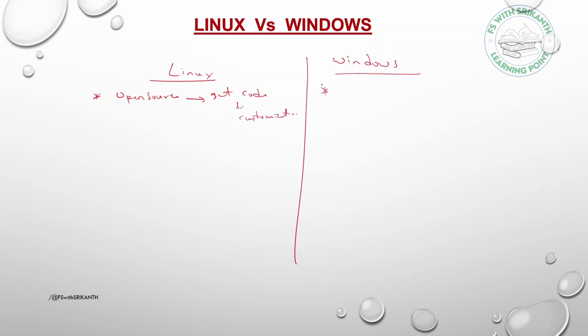Windows is not open source, and we are not getting any code. So it is not possible to distribute the Windows operating system. There are no user-defined distributions, right?